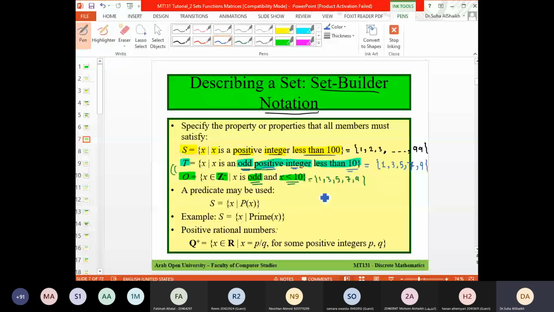For example, P(x) is the predicate x squared minus 4 is equal to 0. So I can say the set S is all the x's that are solutions of this predicate.